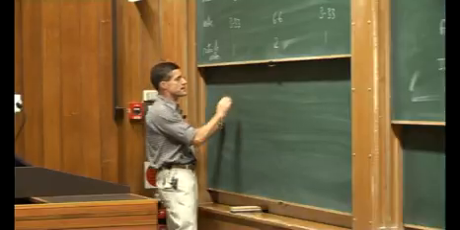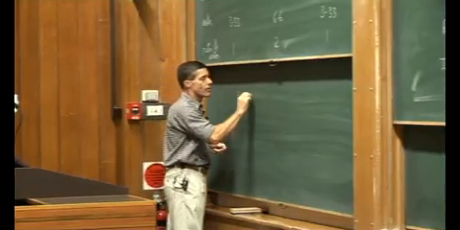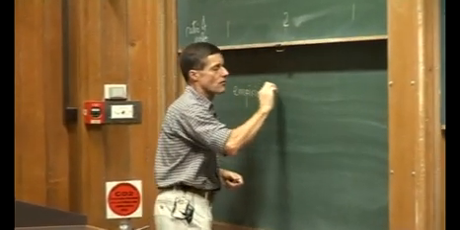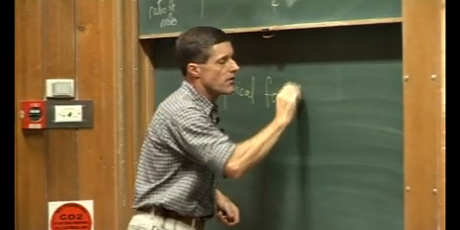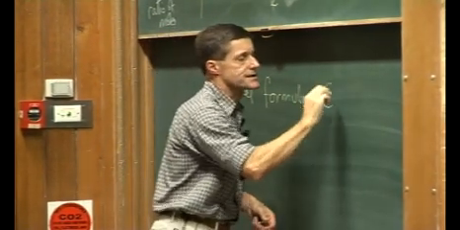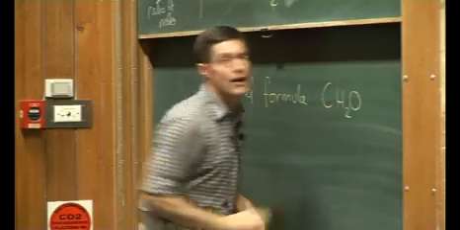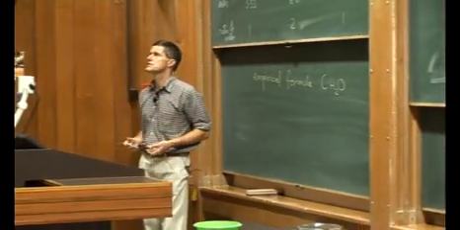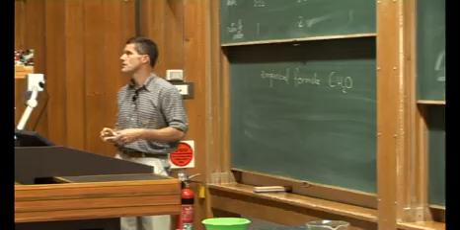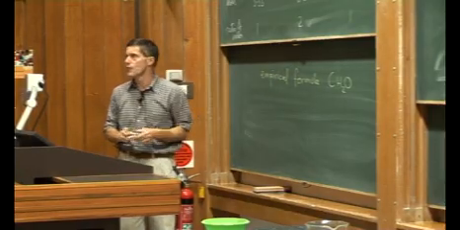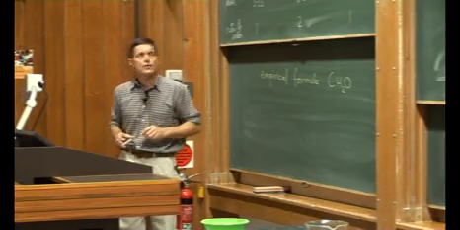And so I can determine the empirical formula of this material as CH2O. And I might be able to draw a structure that has that formula. But it's not the whole answer.